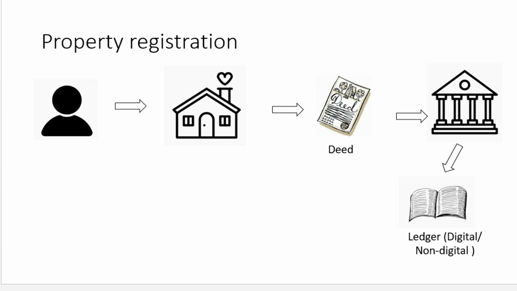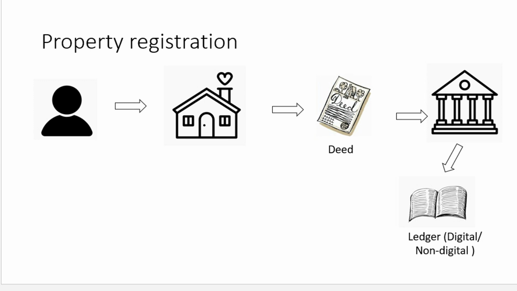Well, you go to the government council, you carry your home deed which you received when you bought the home, and ask the government council to register your home. The government council has a ledger. A ledger is nothing but a record. It could be digital or non-digital.